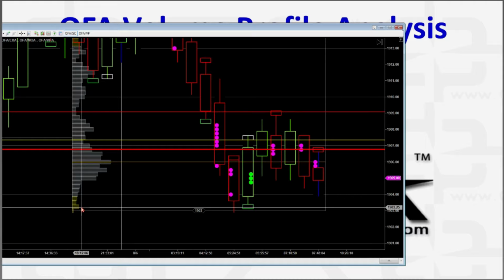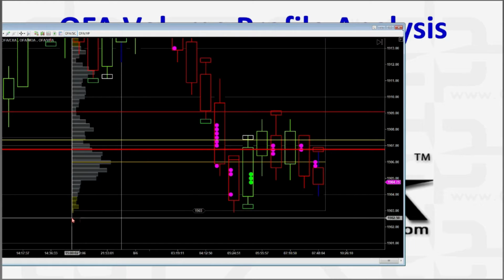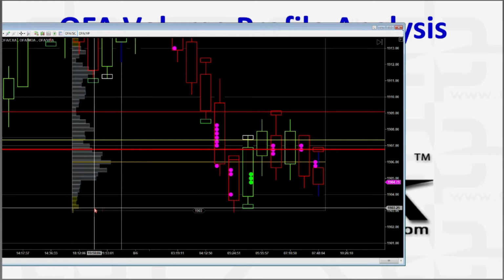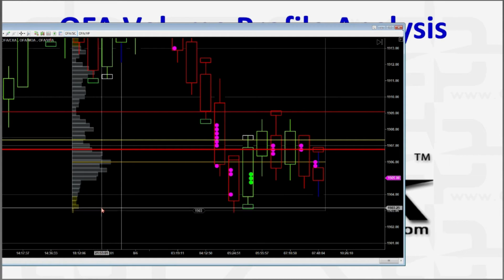Can everybody see this bar right here at 1903.25? See how normally we're looking for this nice taper, and then at 1903.25 we got that little pop of volume. Can you see that? Okay, good. What this is saying is that at least this area is likely at some point to be revisited.